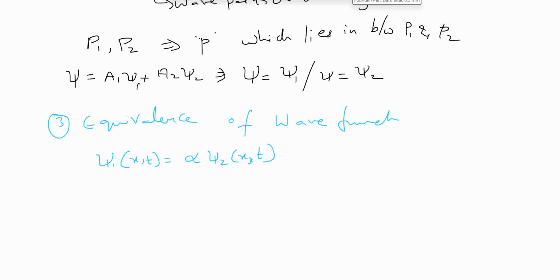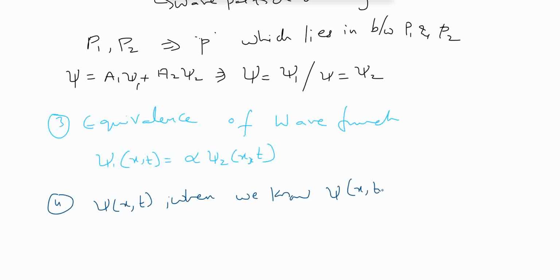Now let us see how to get ψ(x, t) when we know ψ(x, t0) at some initial time t0.